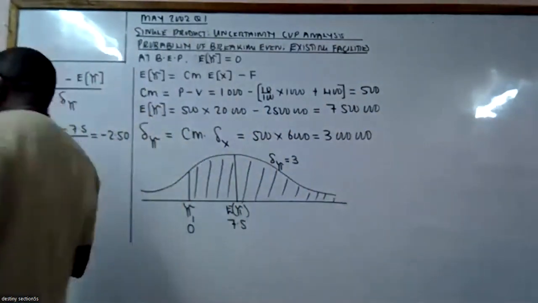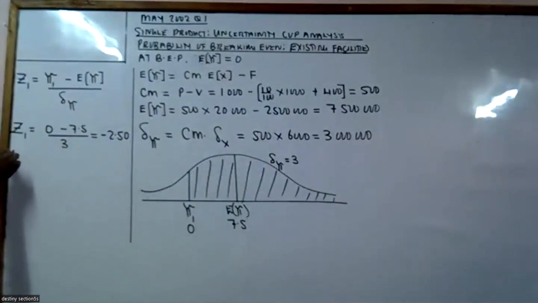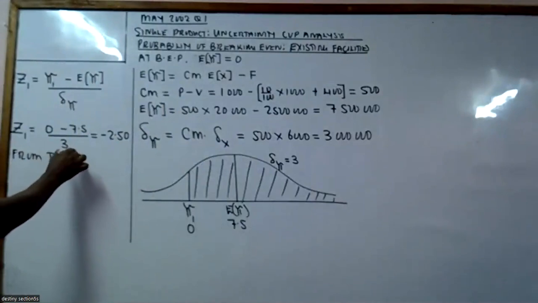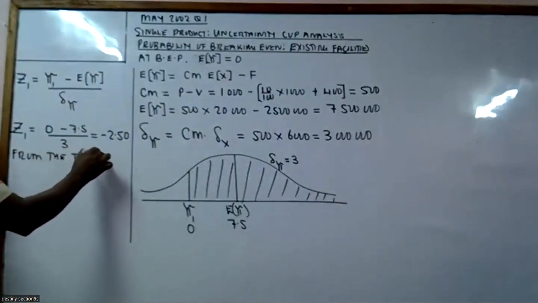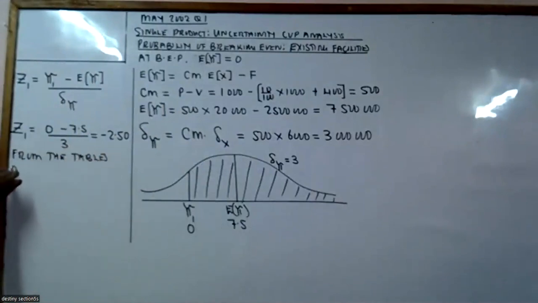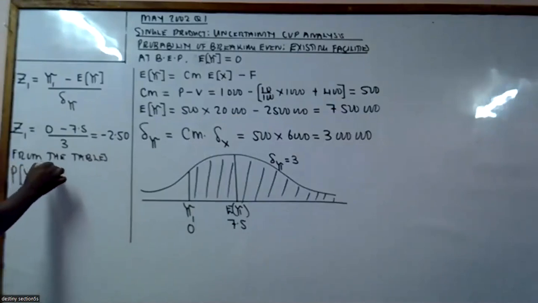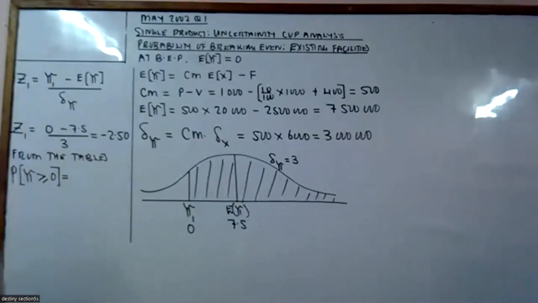Once you get this, you say, from the tables, the probability that pi will be greater than or equal to 0.